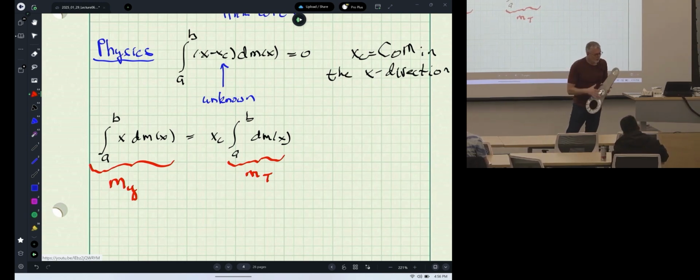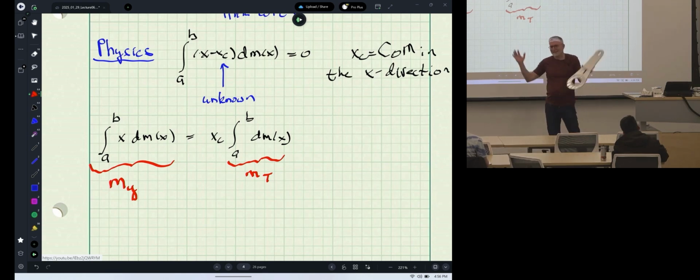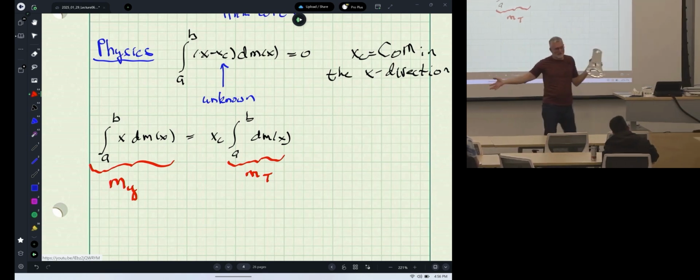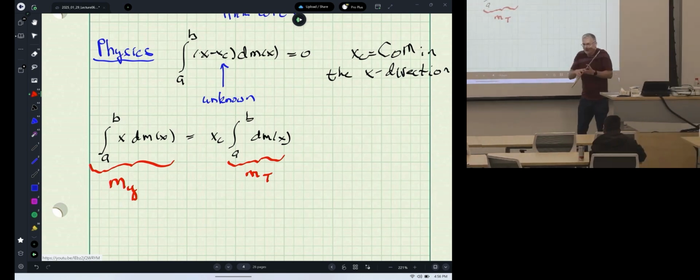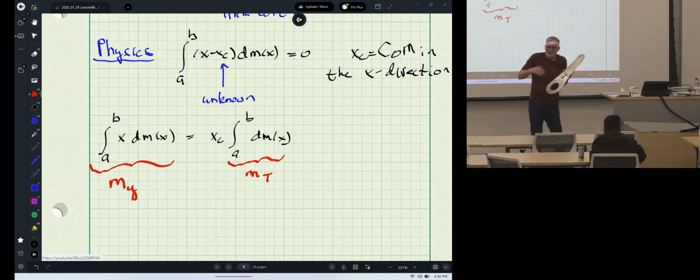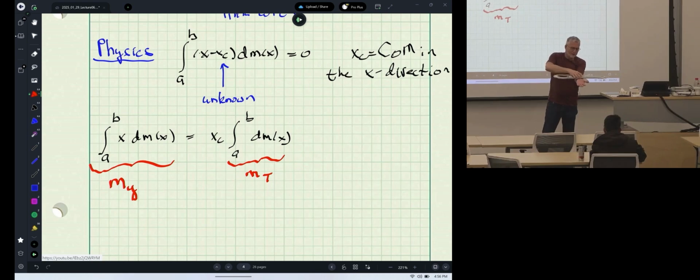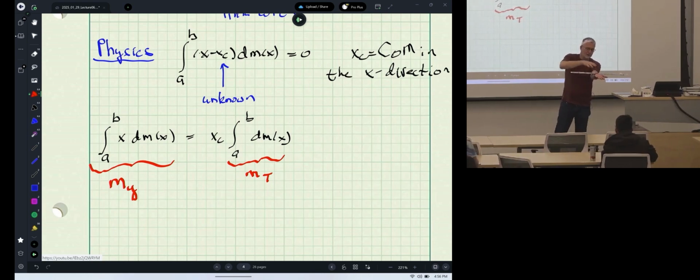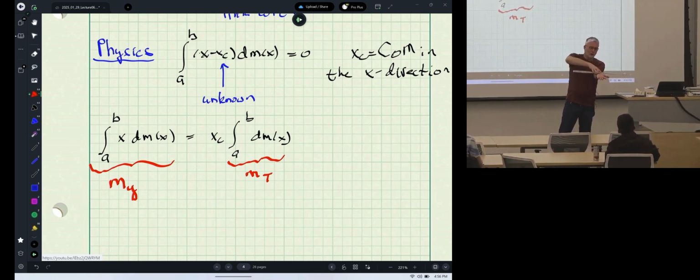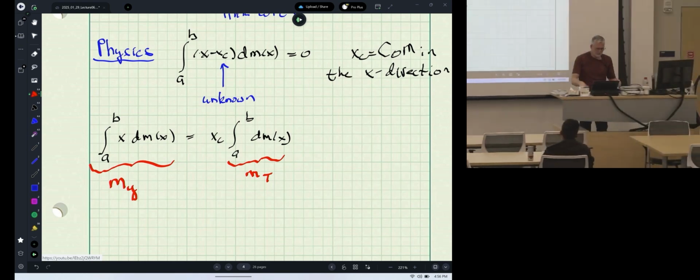In the current version of your textbook, I have those flipped. Go figure. I don't know how that happened, but I wrote it, so I know who did it. In your next edition, it'll be all fixed up. But this is rotating about the y-axis, so it's called the moment about the y-axis, My.